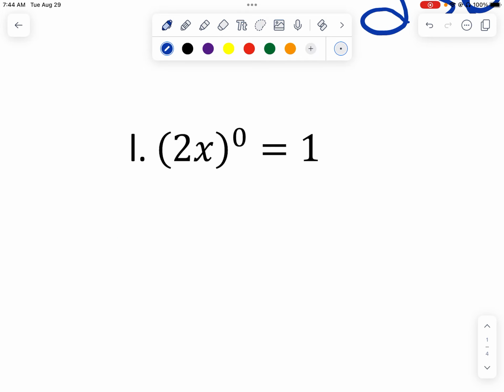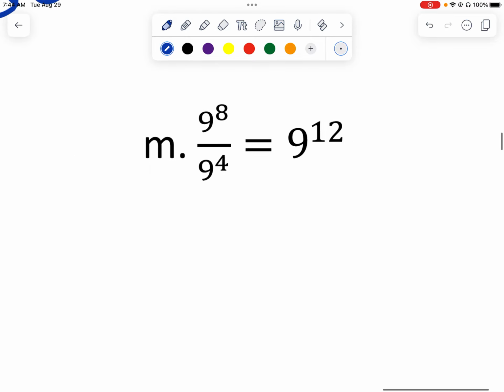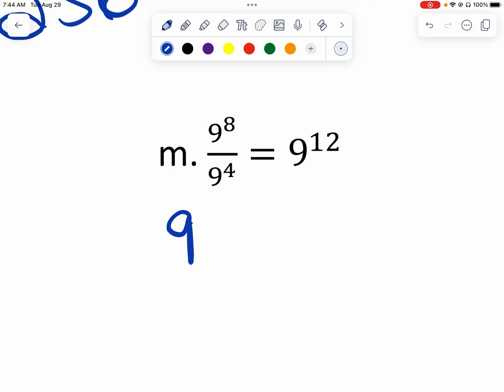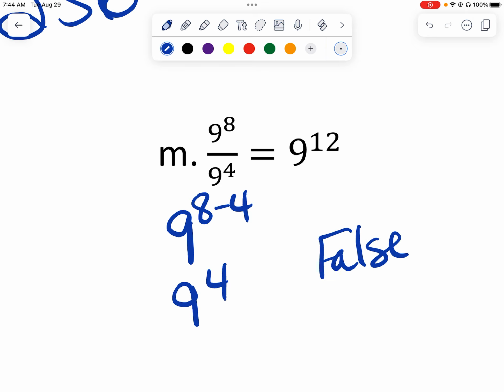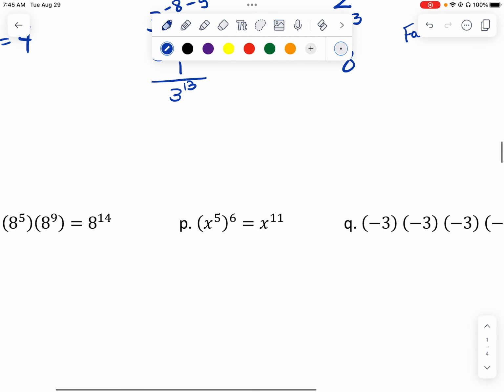This one, anything raised to the power of 0 except for 0 is 1, sorry. Here, I write down my base, I subtract my exponents. When I subtract my exponents, I would get 4, so this was a false statement. Sorry about that.